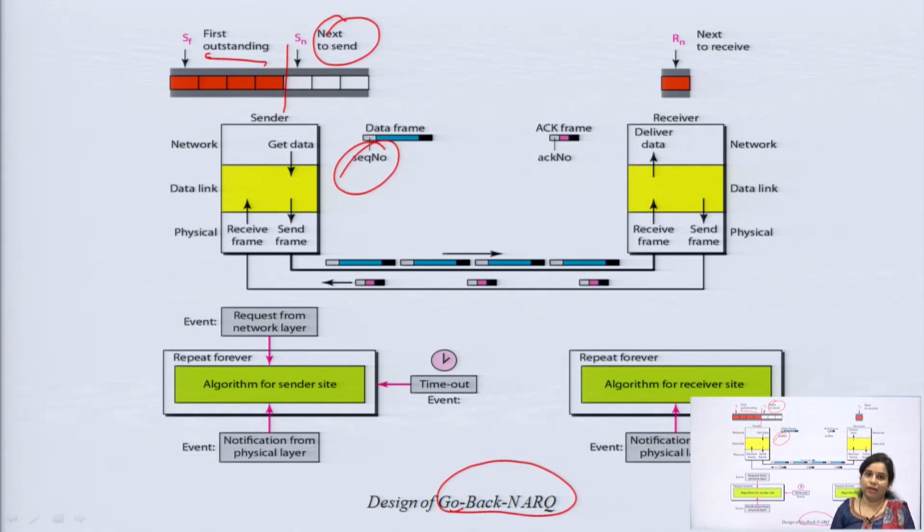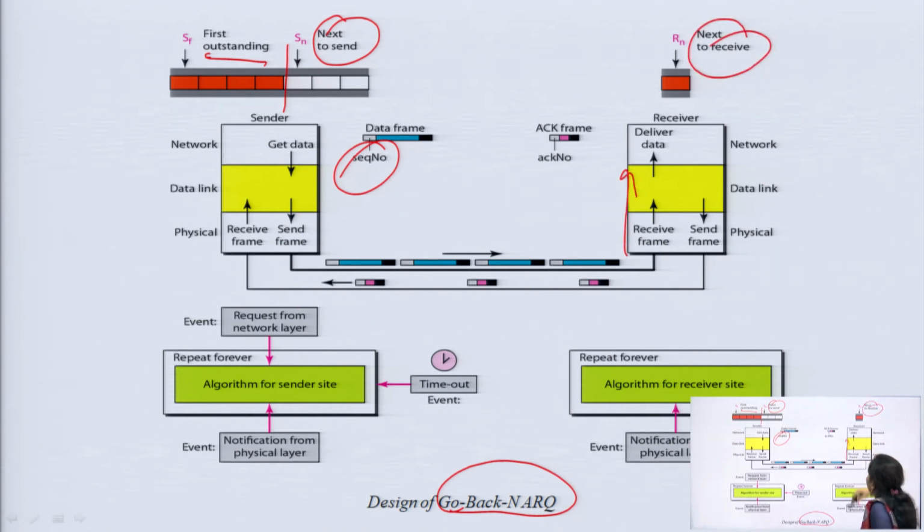Let us say I want to transmit 10 bits of data and I have divided it into 5 frames. So, each frame will consist of 2 bits of data. Each frame will be numbered, which means a sequence number will be added to each frame. Now, this data will be transmitted to the receiver side and received over here.